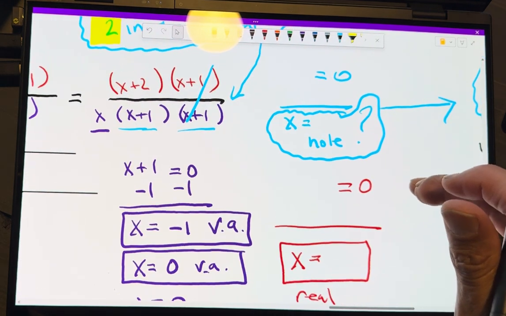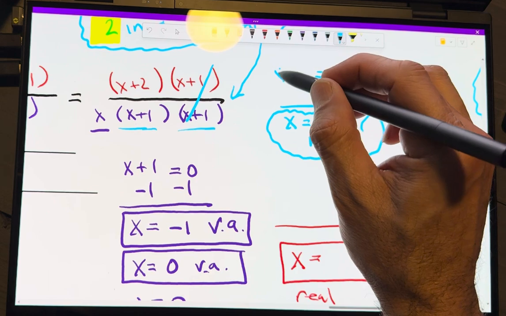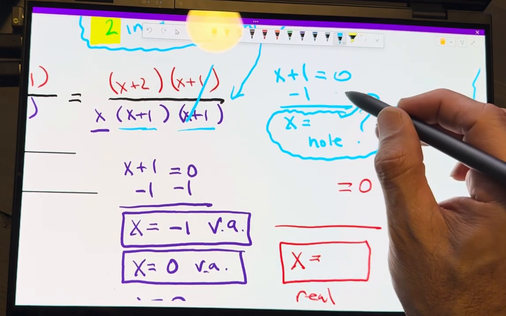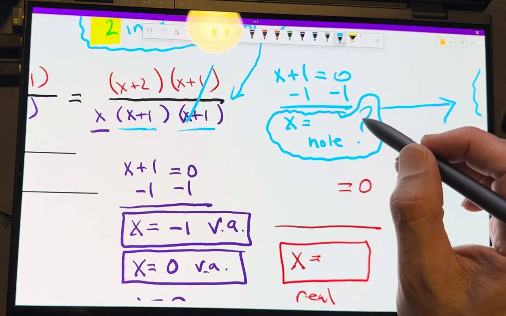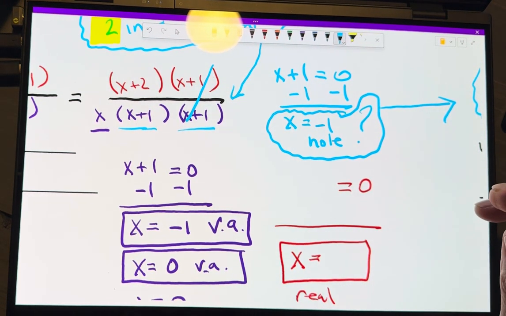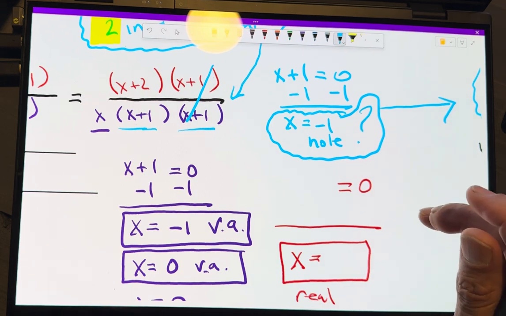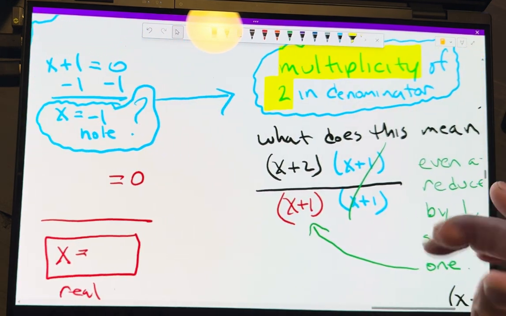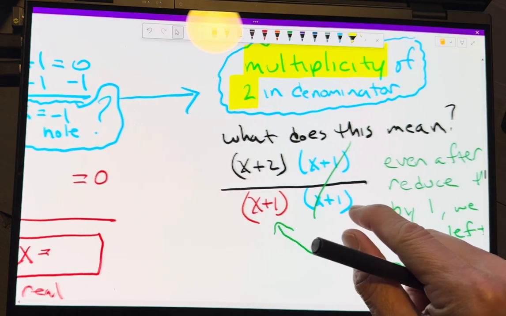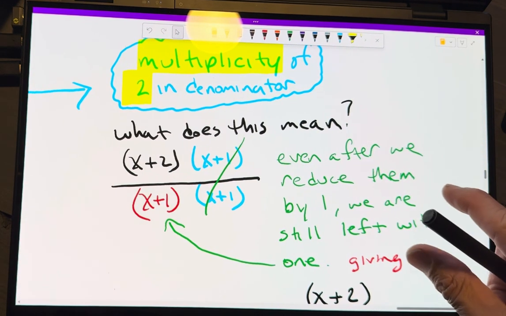So first, is that a hole? What do you think? This one is not going to be a hole. So I'm asking you if x is equal to -1 is a hole, and let me show you why it's not a hole. We already said that it has a multiplicity of 2 in the denominator. So what does that mean exactly?